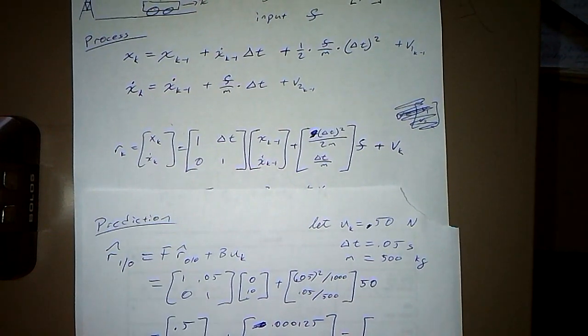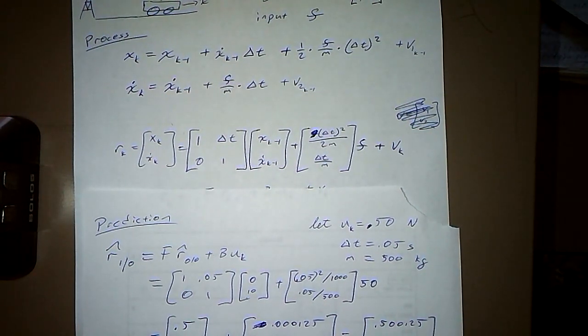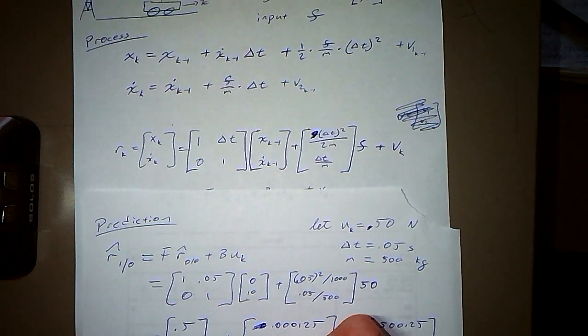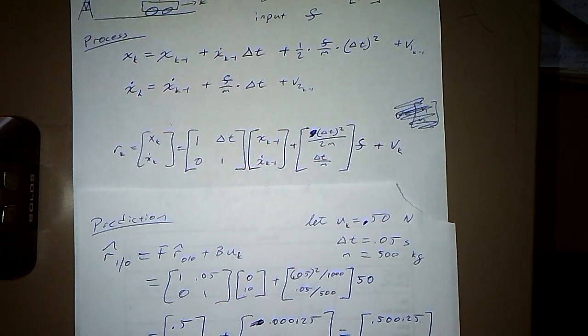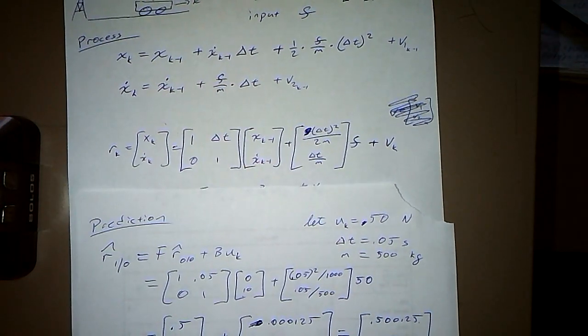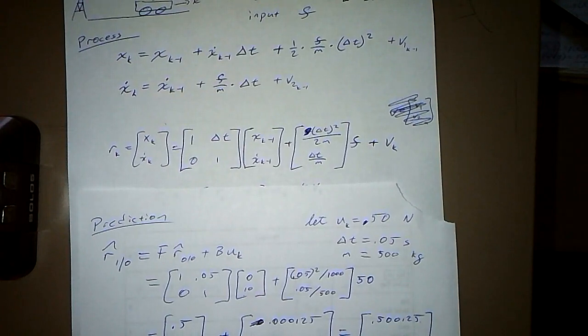So our predicted position is 0.500125, and our predicted velocity is 10.005. So there's our predicted position, and there's our predicted velocity. So we predict we're at half a meter, and our velocity is 10.005 meters per second.